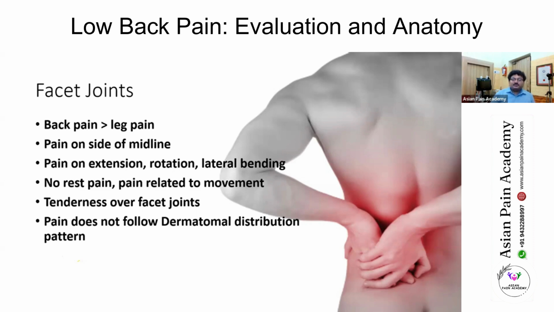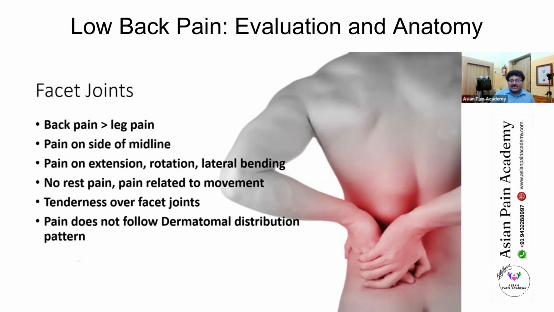But even then, the facet pain location is just by the side of the lamina, about 1 to 1.5 centimeters, and usually after that the muscle starts. Definitely some muscles are there in the midline as well, but just by the side of the midline the pain will be there.